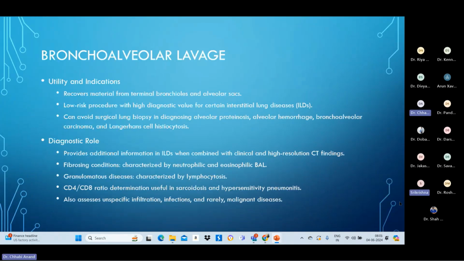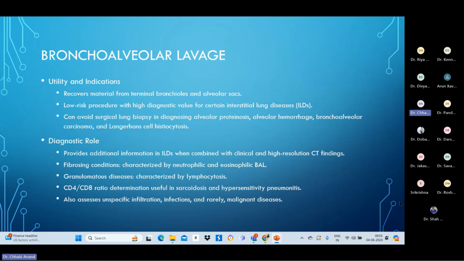Bronchoalveolar lavage. Utility and indications: recovers material from terminal bronchioles and alveolar sacs. Low risk procedure with high diagnostic value for certain interstitial lung diseases. Can avoid surgical lung biopsy in diagnosing alveolar proteinosis, alveolar hemorrhage, bronchoalveolar carcinoma, and Langerhans histiocytosis.